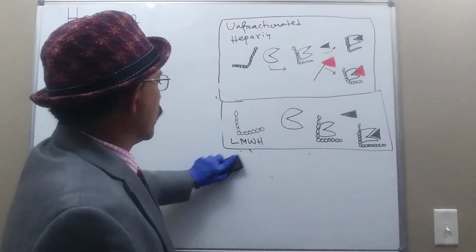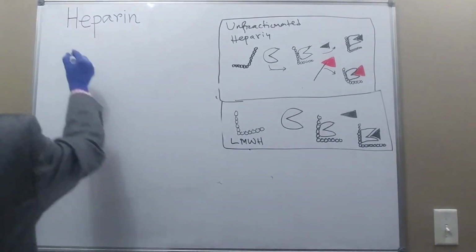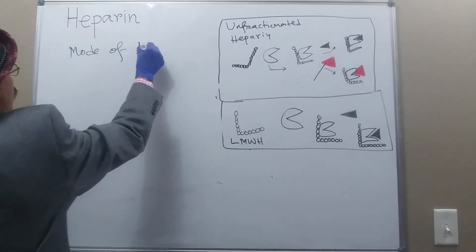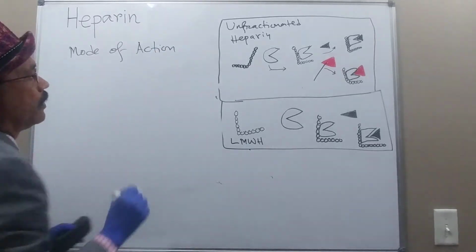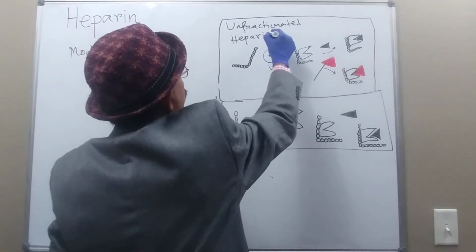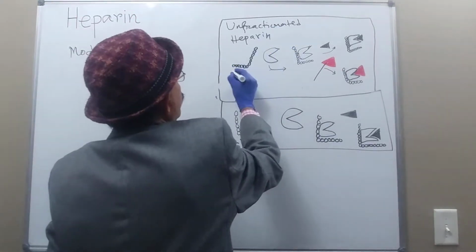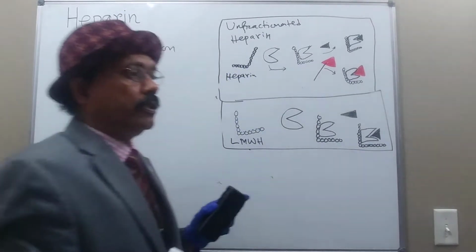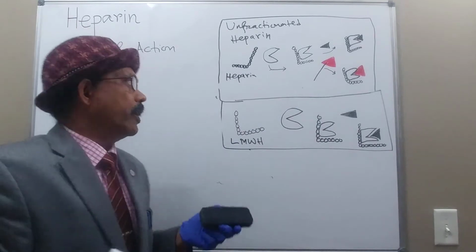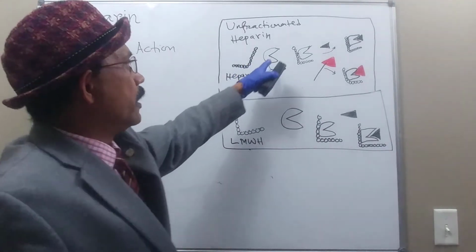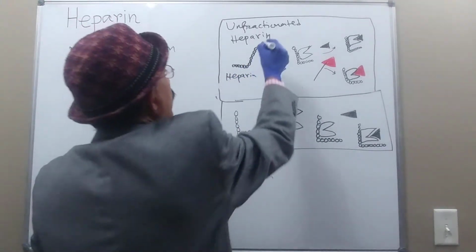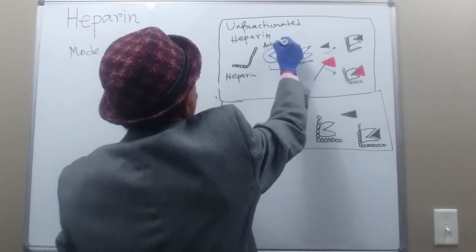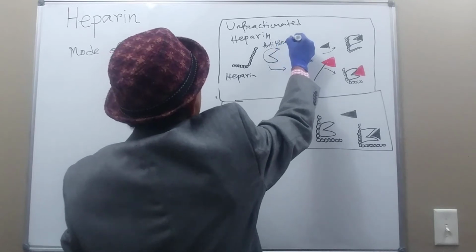How does it work? What is the mode of action? If we go to this figure, this is unfractionated heparin. Heparin has pentasaccharide sequences that connect with antithrombin.